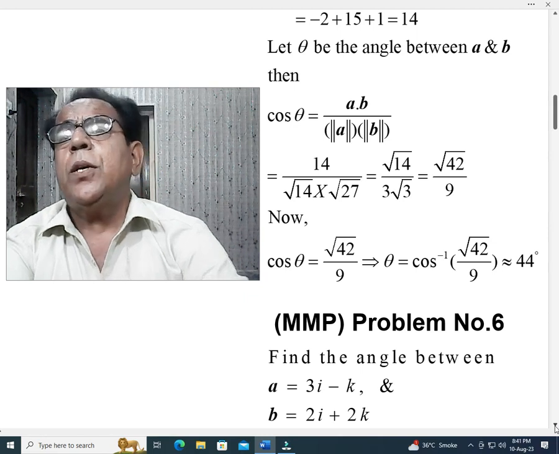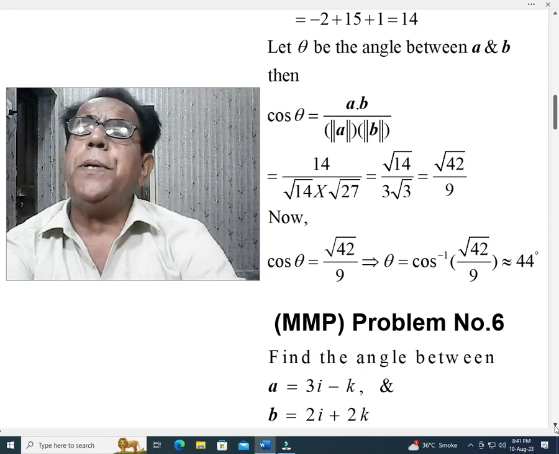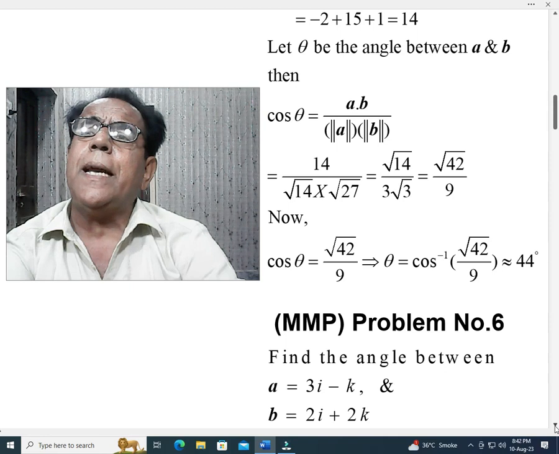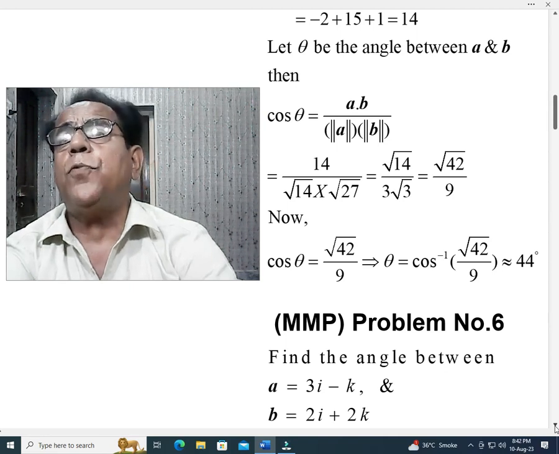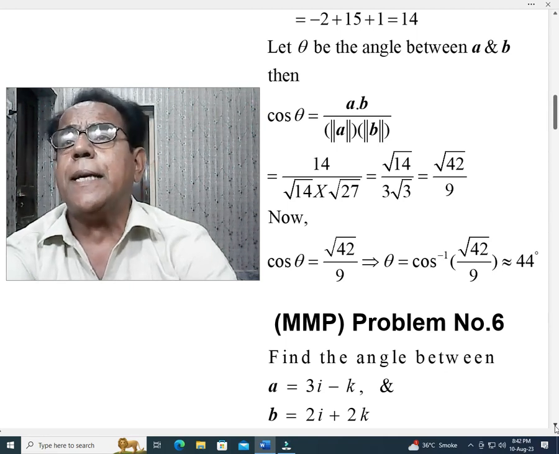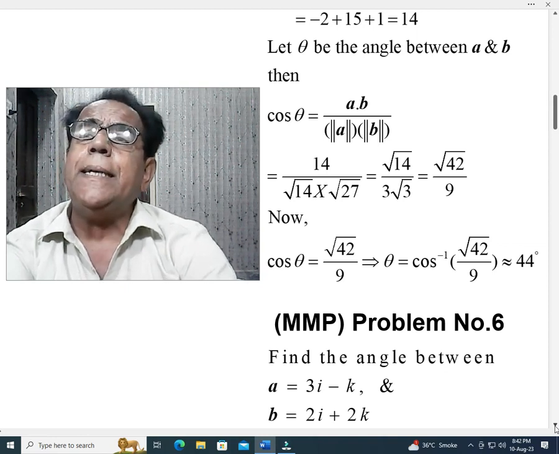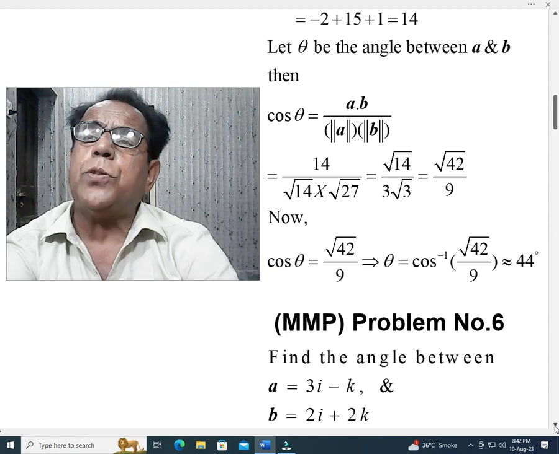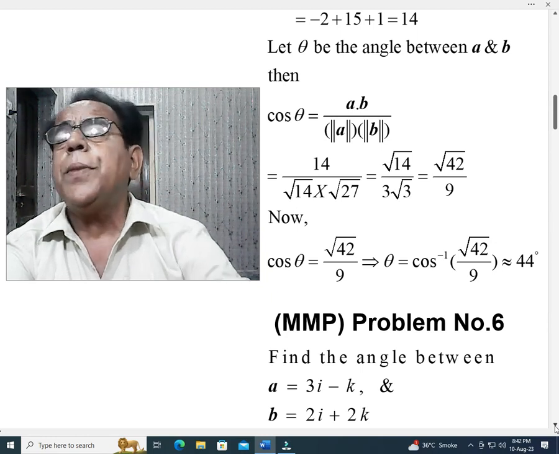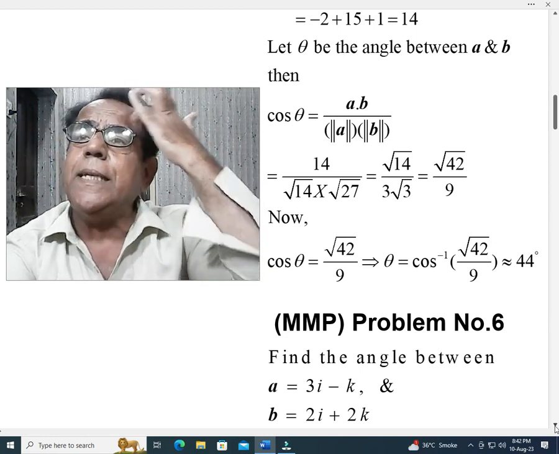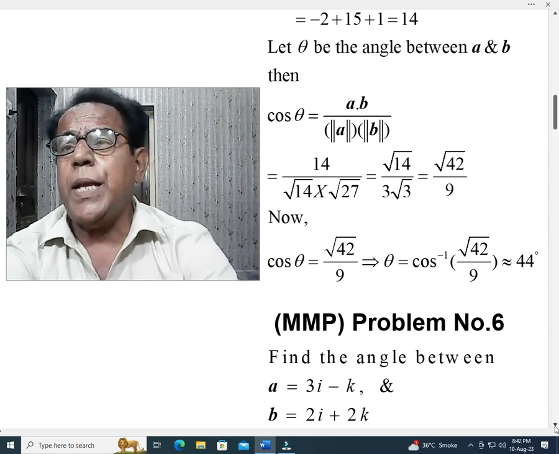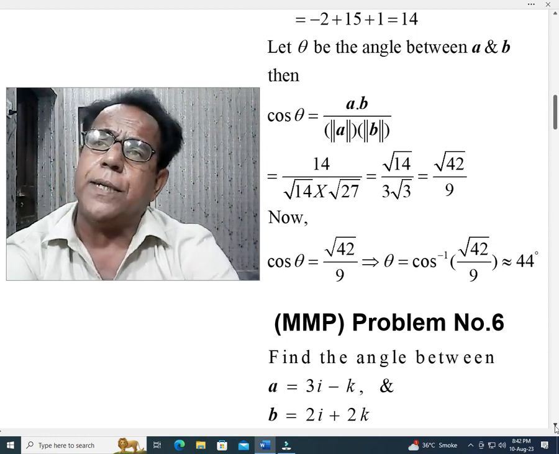So it can also be written in another form, that is square root of 42 divided by 9. What we have done is we have multiplied both numerator and denominator with square root of 3.